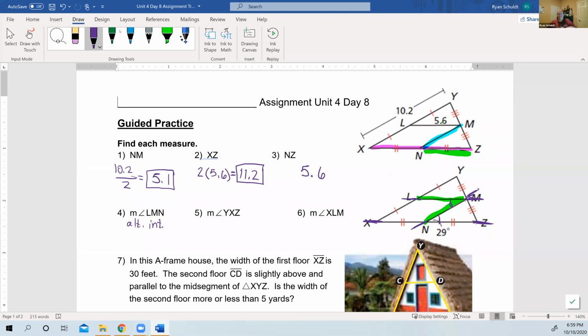So that means this angle has to be 29 degrees. Okay, so let's erase our markings here because we got other problems to look at. So I know this one is 29 degrees.